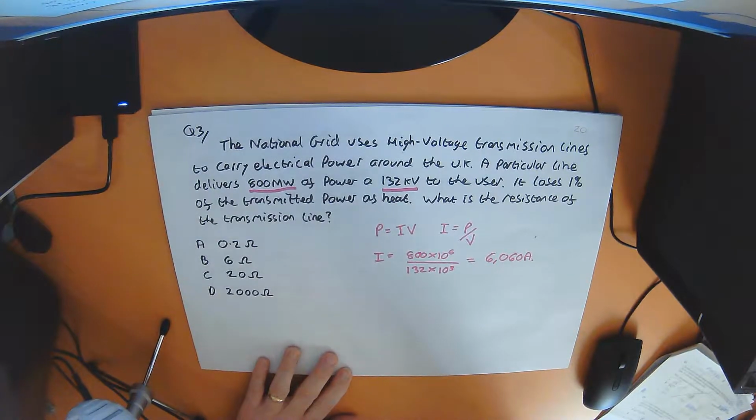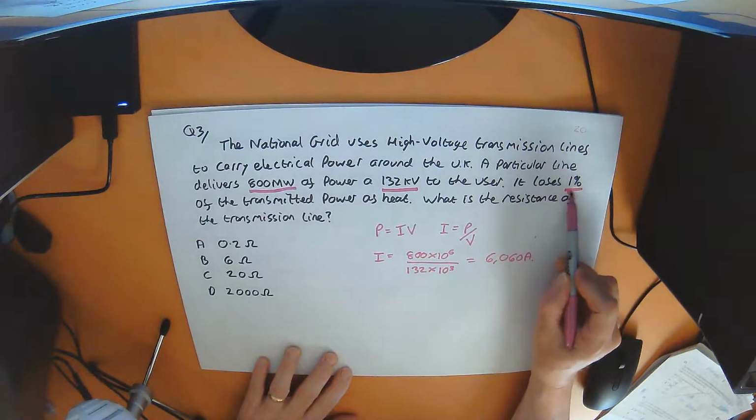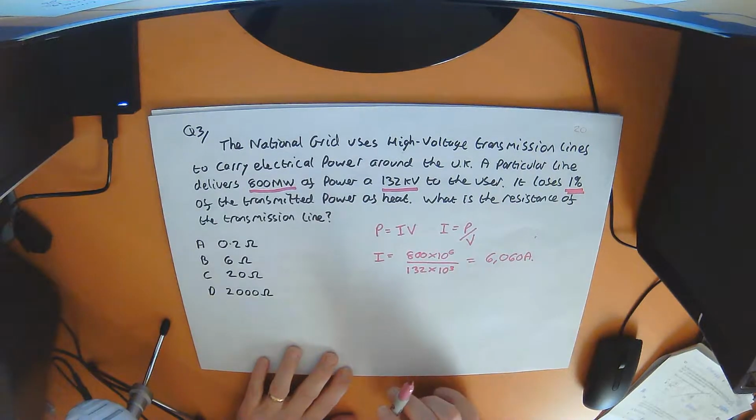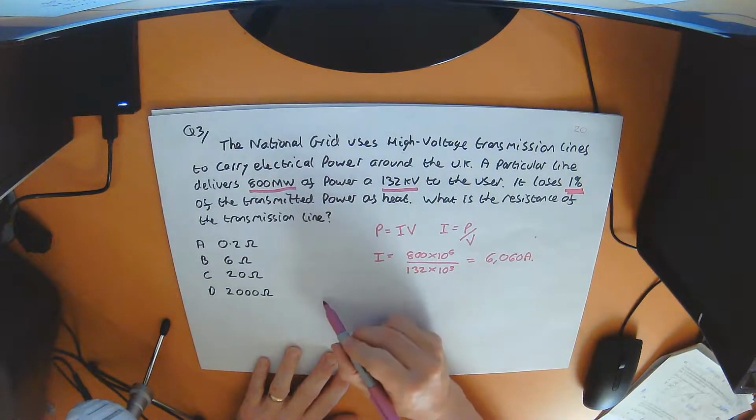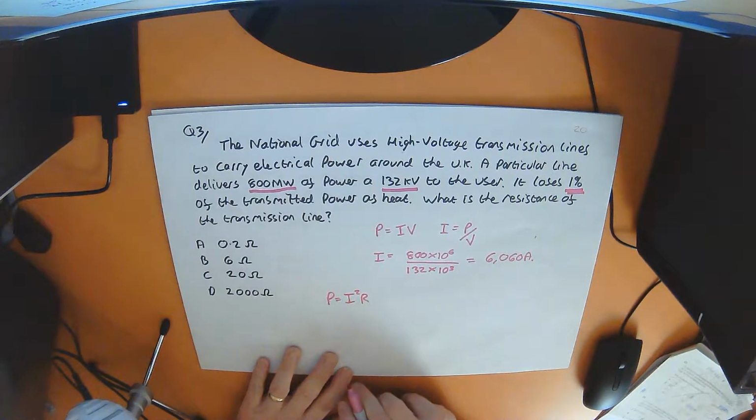We also know that the power, the energy which is lost, is 800 megawatts divided by 100. So we can use the formula that tells us about Joule heating, P equals I squared R, to find out what the resistance is.